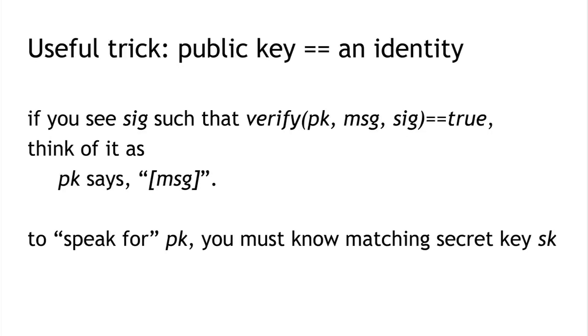And if you think about it then, for someone to speak for PK, that is for someone to be able to make statements that will be seen as coming out of PK's mouth, you have to know the matching secret key, SK. If you know the secret key that corresponds to the public key, PK, then you can sign messages with that secret key, and what you're doing essentially is making statements on behalf of that public key.